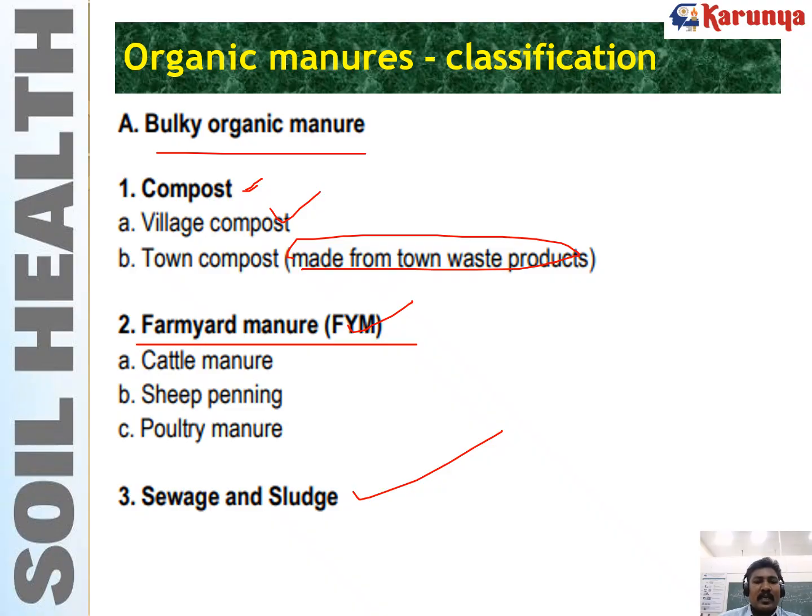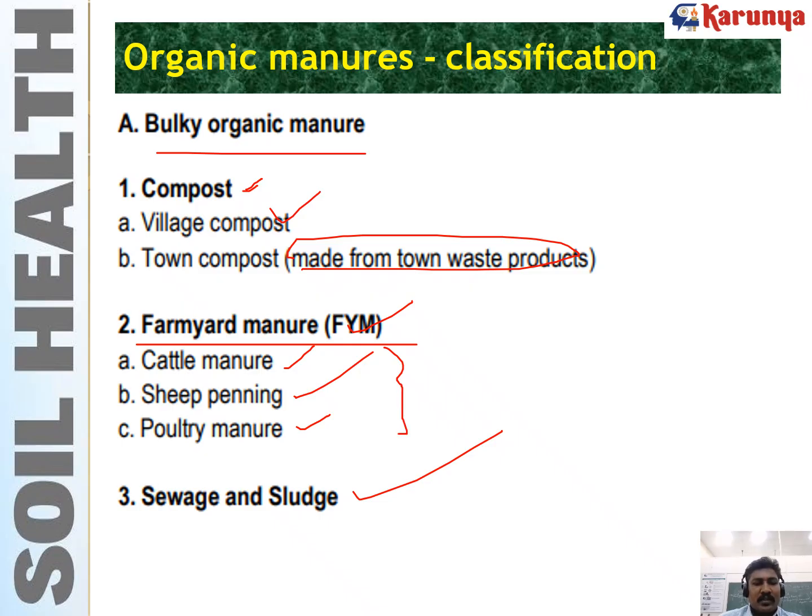The manure collected includes cattle excreta, sheep penning, and poultry manure, and waste obtained from integrated agriculture practices, like animal waste and leftover dead plants. These can be collected together and made into farmyard manure.